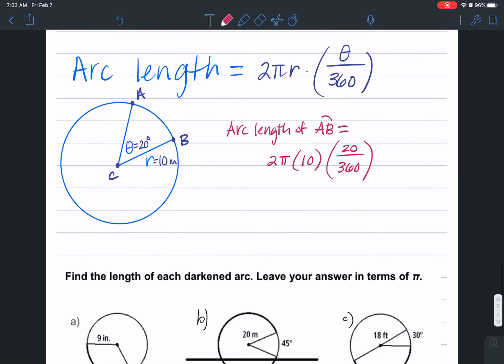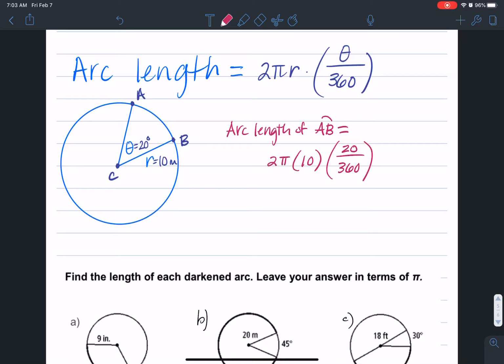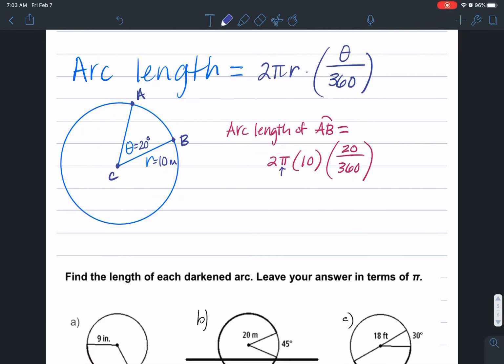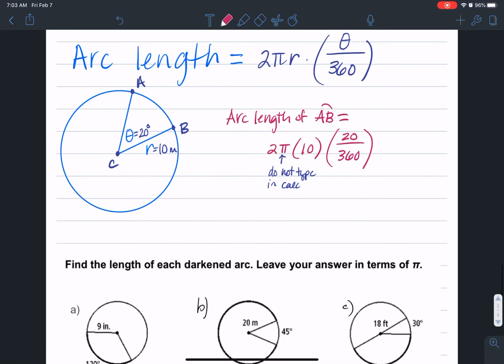Then you simplify. But just like we did with circumference, I'm going to leave this in terms of pi, which means I'm going to leave this pi alone. So do not type in the calculator unless the question is asking you to solve for a decimal, like a rounded answer. You're basically just going to multiply all the numbers together.